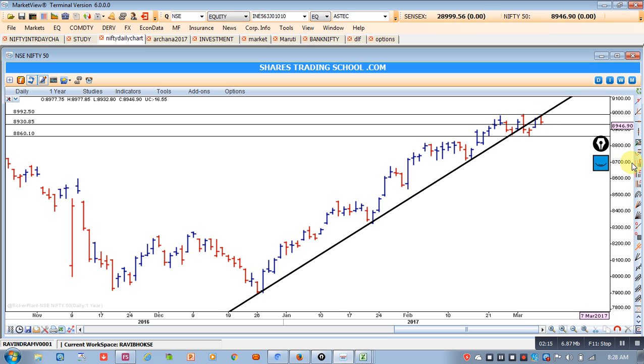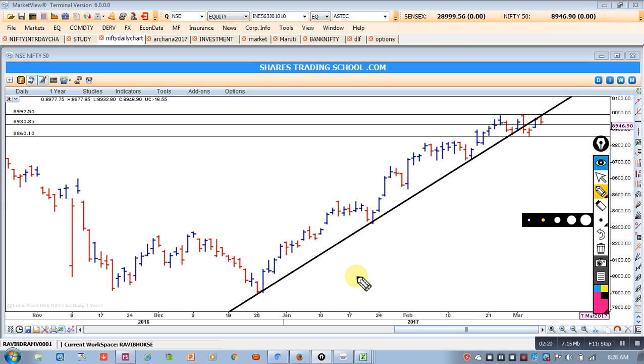Basically, I'll just quickly tell you what I mean. Suppose this is a price movement. Suppose this has tested as a support at the previous high. Now this support has been acted upon and tested. Next time, if it breaches that support, then that support will be retested as a resistance.